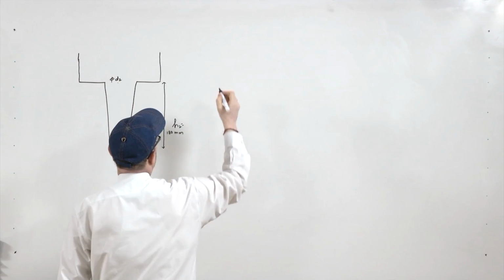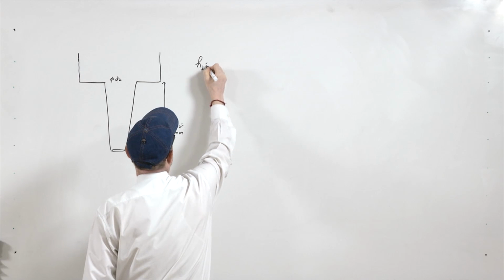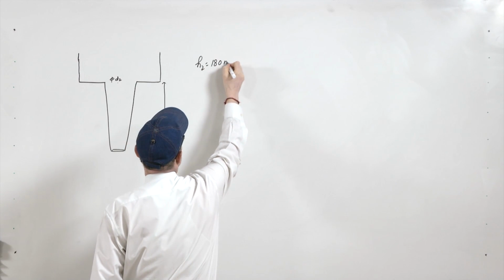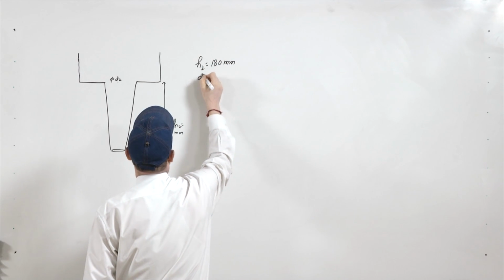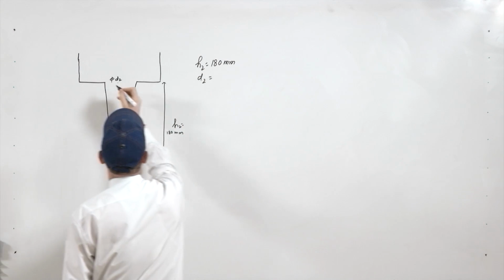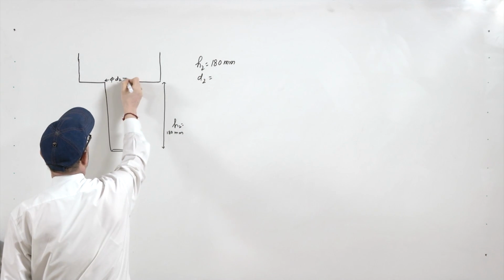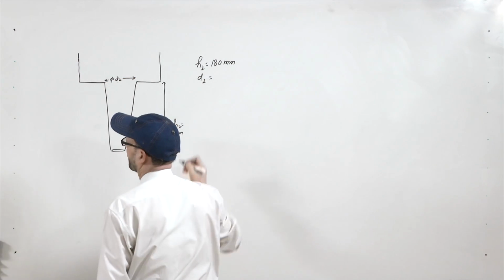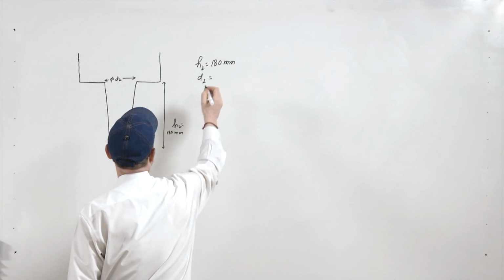So, H2 is given as 180 mm and D2 is given as a diameter of 20 mm.